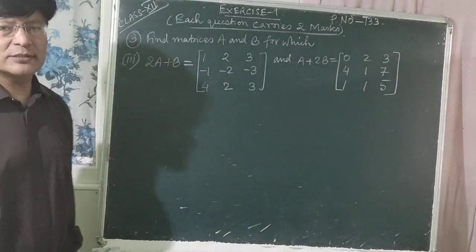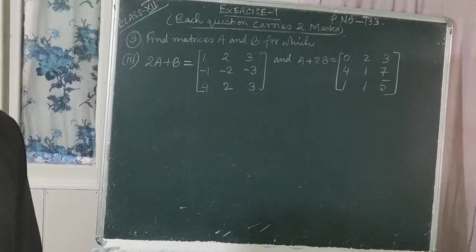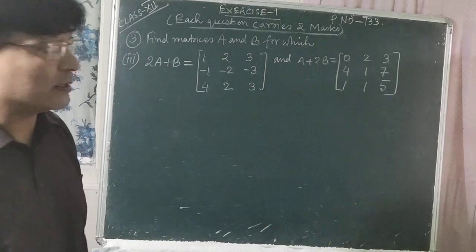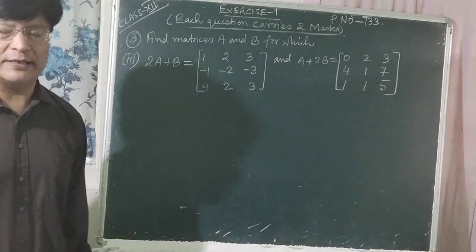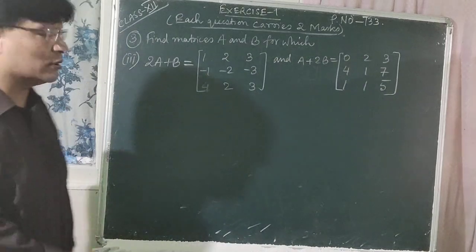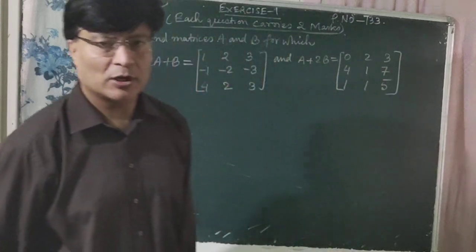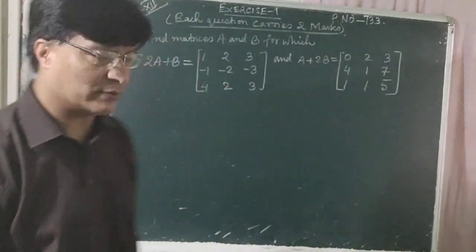So it is just like your simultaneous equation. You know how to solve a simultaneous equation, isn't it? Two equations with two unknown quantities x and y are given, so that you can easily solve the two equations to get the values of x and y. So here also A and B are the two unknown matrices. In the similar manner you can solve these two equations, right?